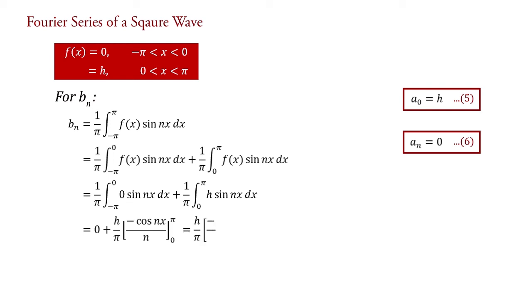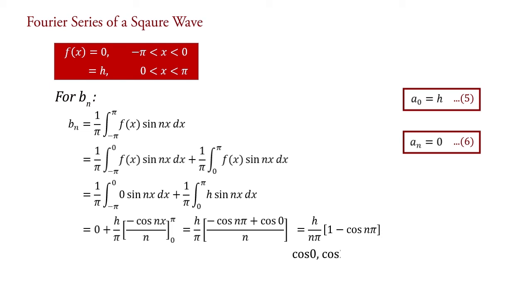Therefore, bn equal to h upon pi into bracket, if we put here limit pi and 0, then we get minus cos n pi plus cos 0 upon n. Here cos 0 equal to 1. Therefore, bn equal to h upon n pi into bracket 1 minus cos n pi.